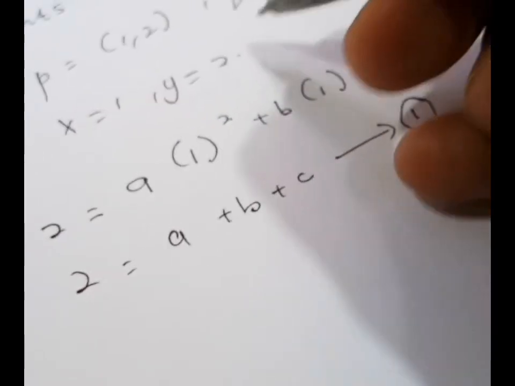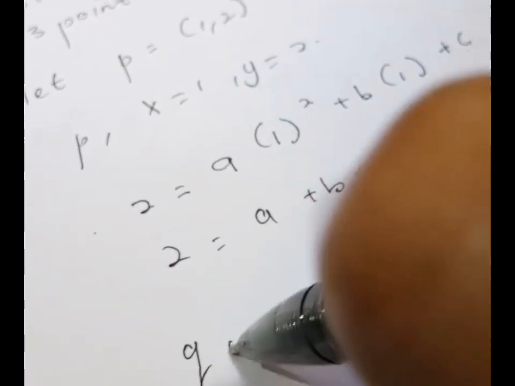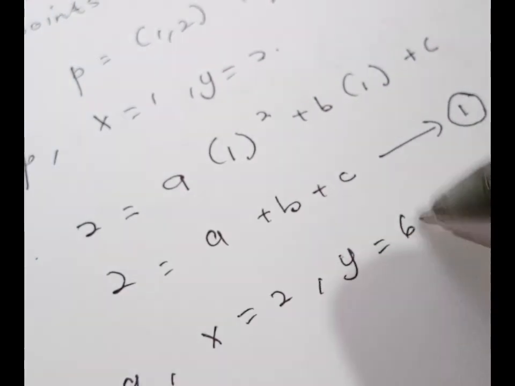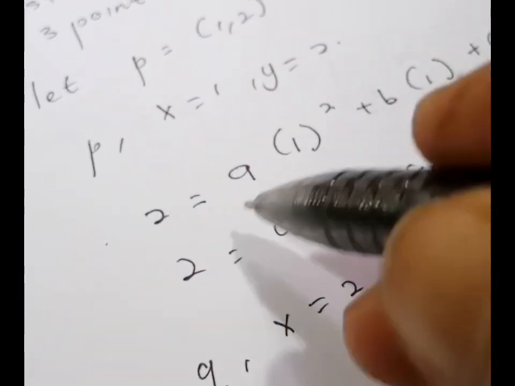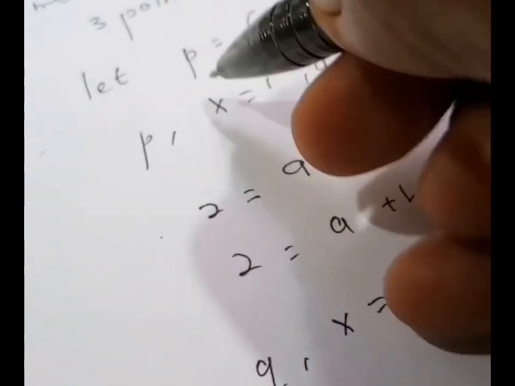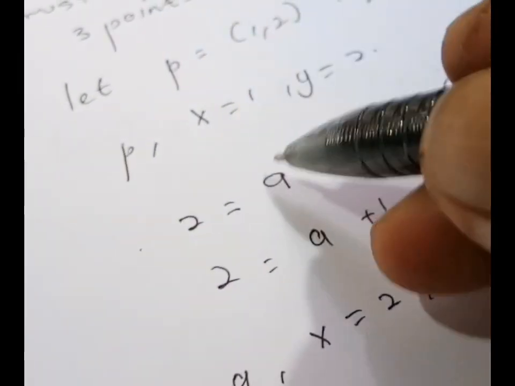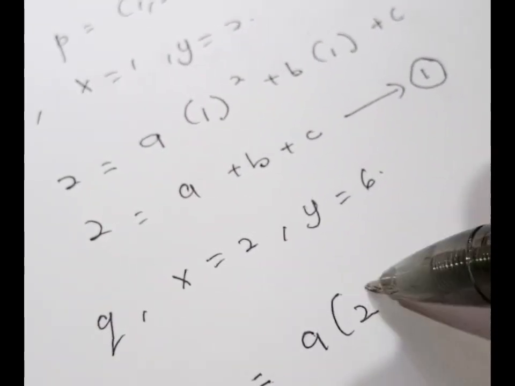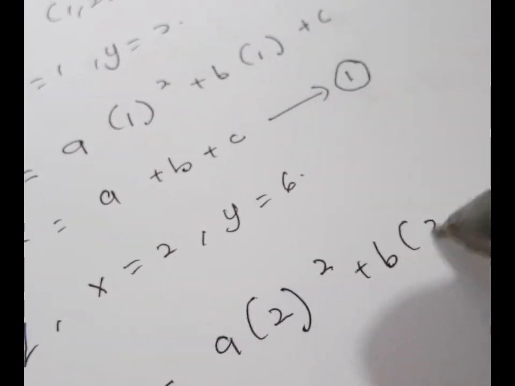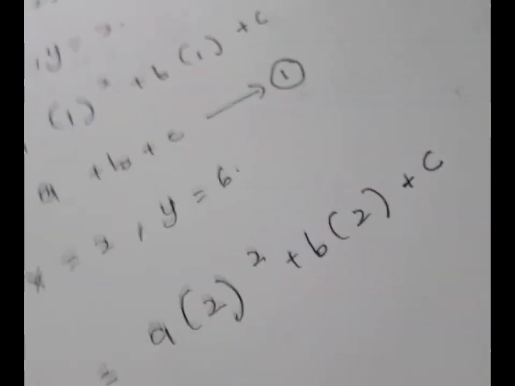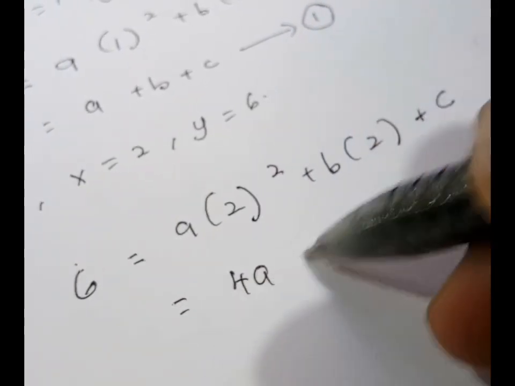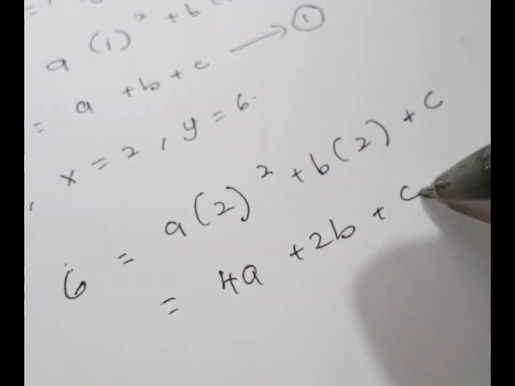Okay, for point Q, x equals 2 and y equals 6. We substitute in the equation like the one we did earlier. When y is 6, x is 2: a(2) squared plus b(2) plus c, and here it becomes 4a plus 2b plus c.